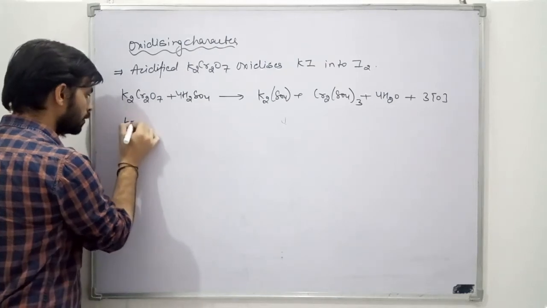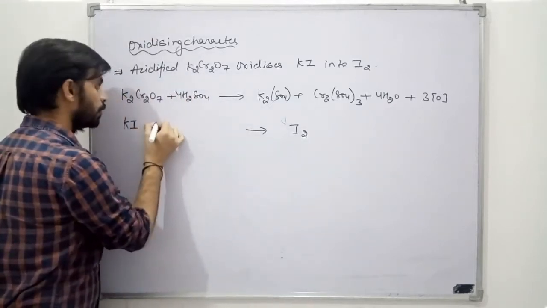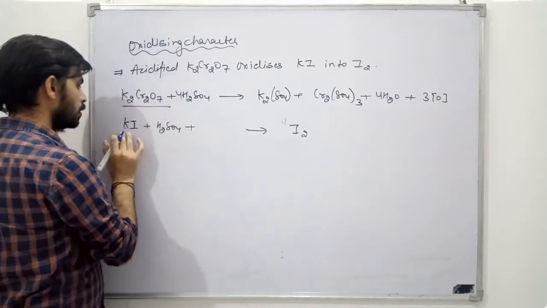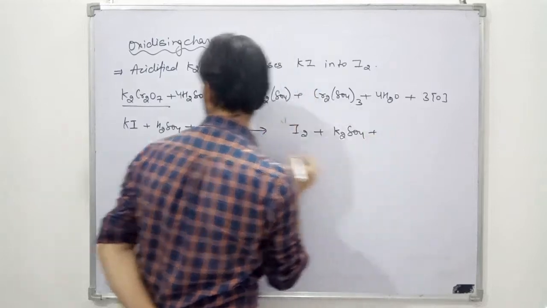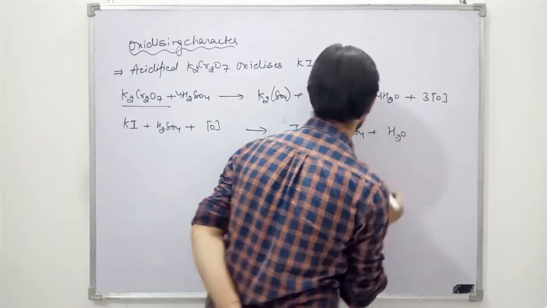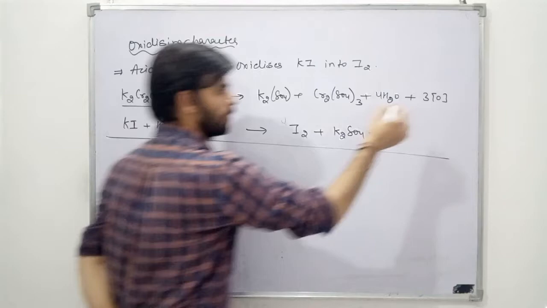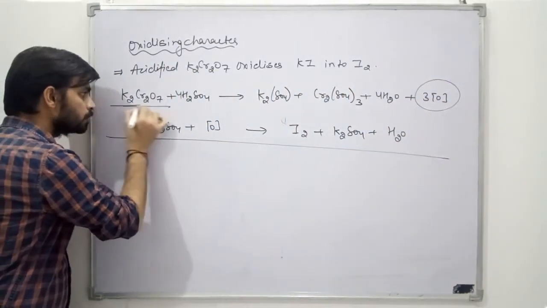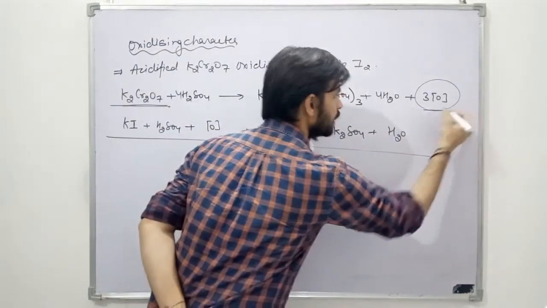Now potassium iodide is converted into iodine with the help of acidified potassium dichromate. Then potassium sulfate is formed, that is K2SO4, plus H2 plus 1 oxygen converted into water. But as we can see here, we have 3 oxygen, so one molecule of K2Cr2O7 when treated with sulfuric acid produces 3 nascent oxygen.